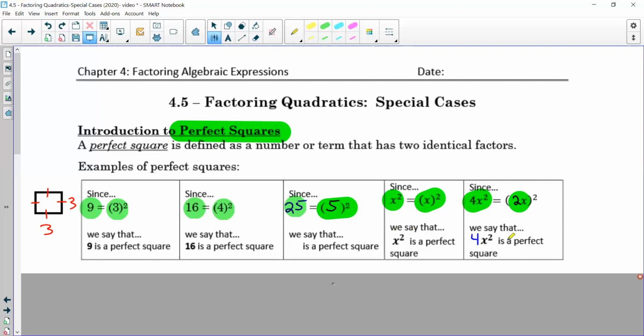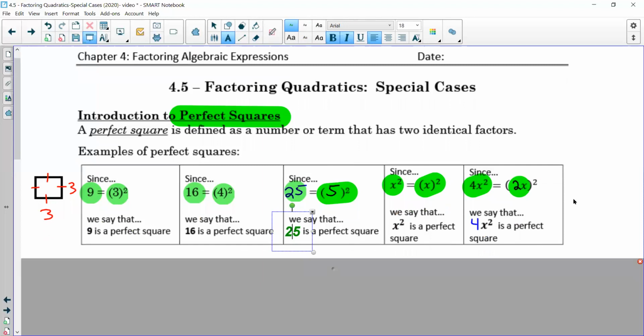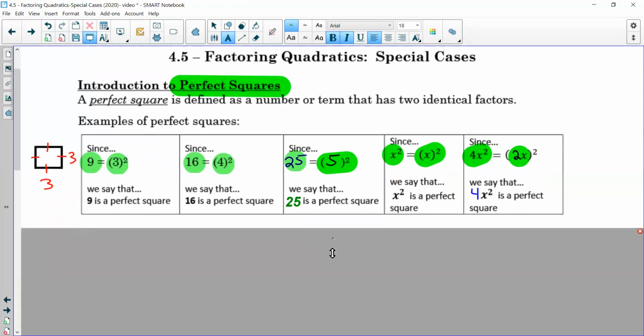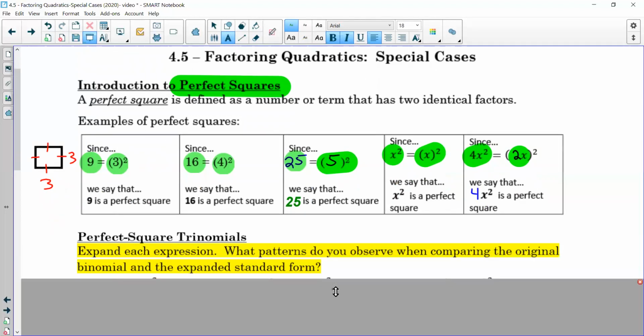All right, so notice we can say that 4x squared is a perfect square, x squared is a perfect square, 9 is a perfect square, 16 is a perfect square, and the one that's missing in here is 25. So 25 is also a perfect square. I just have to move this over just this much. There we go. All right, so it's really important to know your perfect squares to be able to tackle what we're going to be doing.